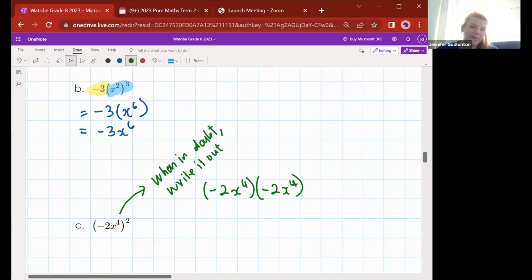I'm happy with 2 different answers for this question. I'm seeing some good things popping in. I'm really liking the x to the power of 8 that's coming in the answers. But I want you to be careful with yours.